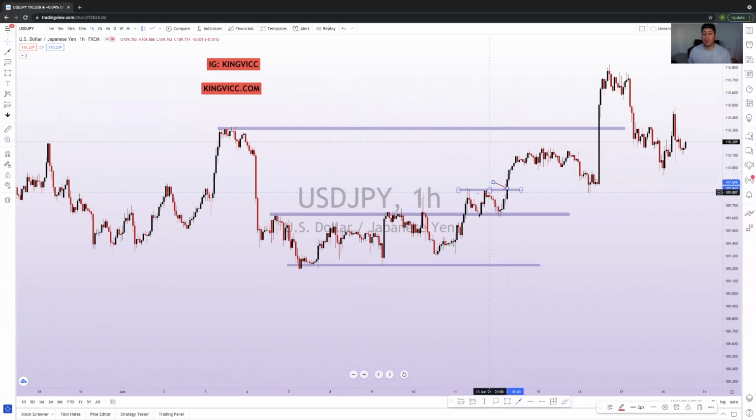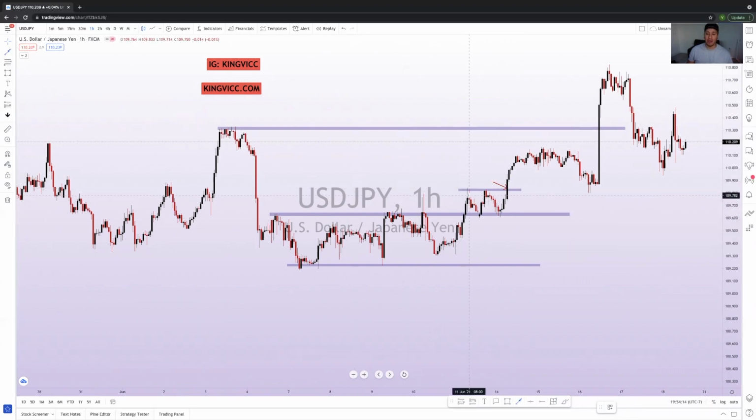The reason why I wait for the new high to be broken to the upside is because once it breaks the new high, we know momentum is going to push it to the next level of resistance, which is our previous high.